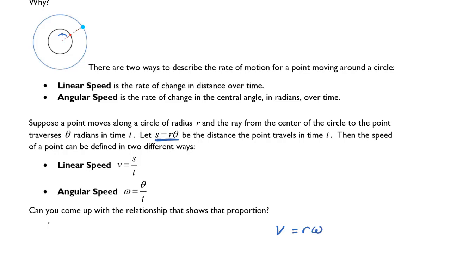Let's see if we can do some substitutions. If v equals s over t, and we know that omega equals theta over t, we could say t times omega, multiplying both sides by t, equals theta.